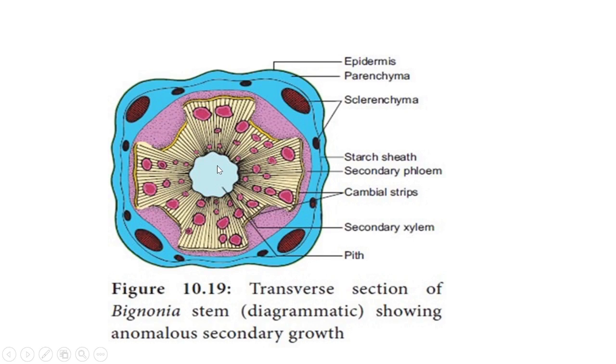Dear student, in this section, the main cause of the abnormal secondary growth is nothing but the behavior of cambium. What is the behavior? It cuts the cells at only 4 regions and develops more and more secondary xylem at 4 patches. This is the cause of abnormal secondary growth.